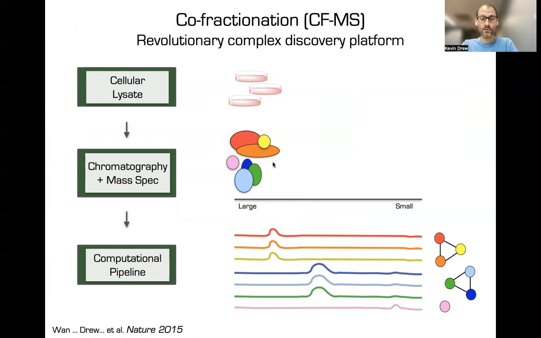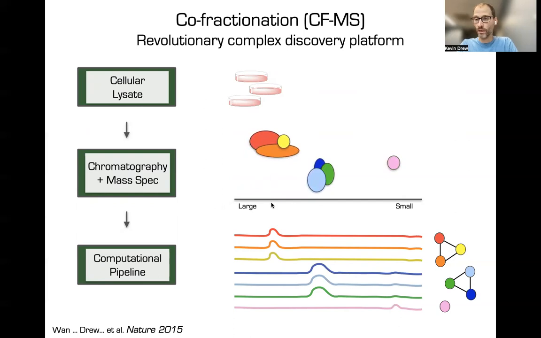So we take cellular lysate, we're going to take all the complexes in that cellular lysate and we're going to separate it based on size, where large molecular complexes elute in high molecular weight fractions, medium complexes elute somewhere in the middle, and smaller things elute somewhere at the end. And then we use mass spectrometry to identify all the proteins in each one of the fractions along this biochemical gradient.